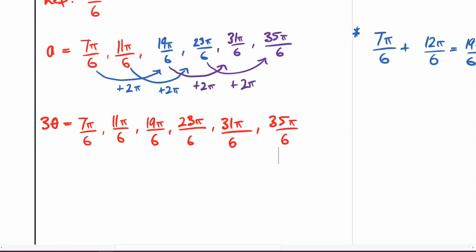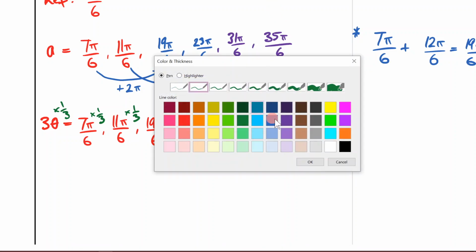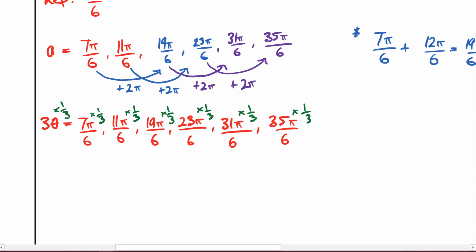Then what I'm going to do after that is I'm going to times them all by 1 on 3 to get rid of this coefficient of 3 here. So what I think in my head is I'm just multiplying all the denominators by 3. So all my denominators are going to turn into 18.